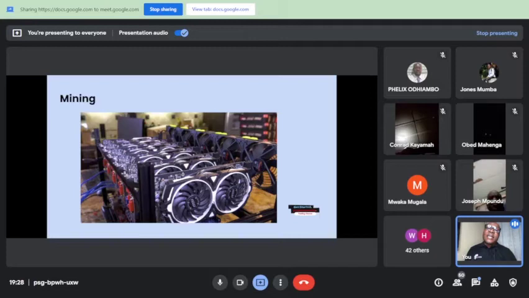They get rewarded for that. So that whole process is called what? It's called mining. Mining is the process of a miner being rewarded for finding the appropriate nonce first. The first one that finds the nonce figure is rewarded for that, and gets to add that block to the chain.